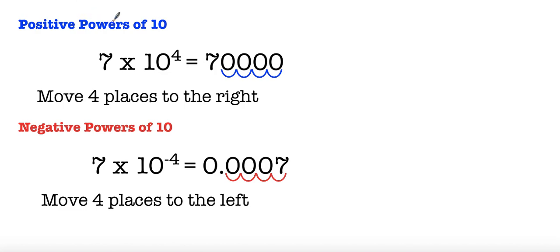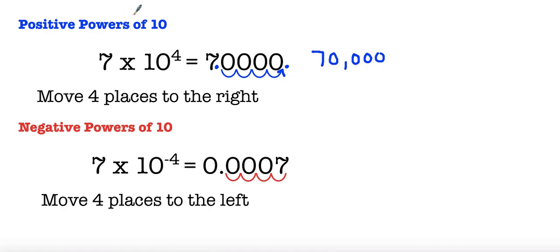So here, I just have a short summary for you guys. If we're multiplying by a positive power of 10, so 10 to the 4th power, we move the decimal to the right. So we start here after the 7 and we move it 1, 2, 3, 4, and then our decimal moves to the back, making it 70,000.